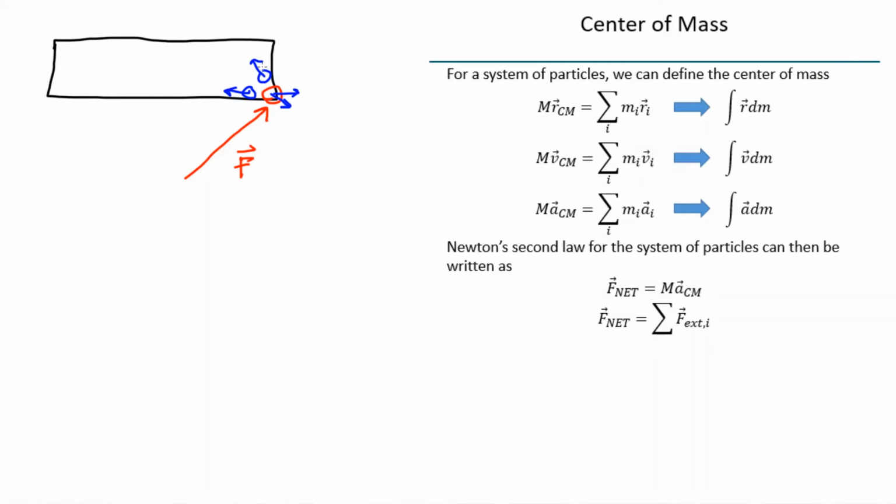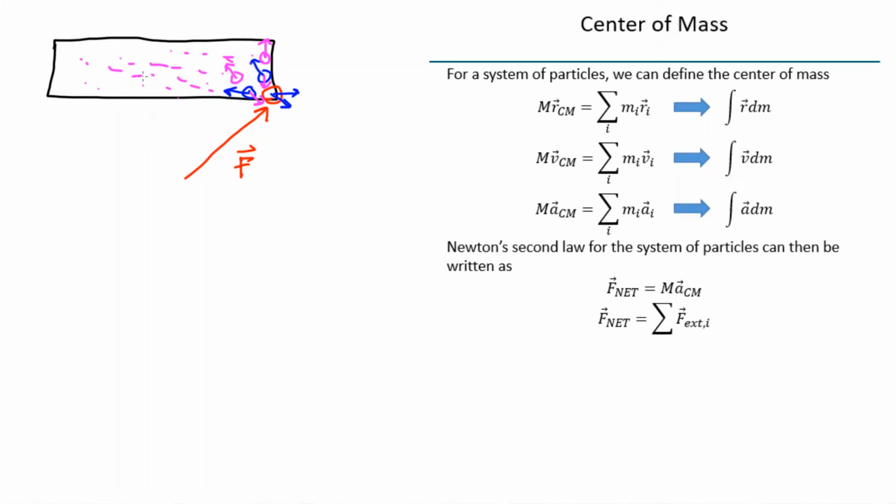These atoms here exert forces on the atoms next to them. So this atom here maybe pushes on that, and this pushes back like that, and this atom here pushes like that, and this pushes back like that, and there's this whole complicated web of forces throughout this macroscopic object that I'm applying a force F to.